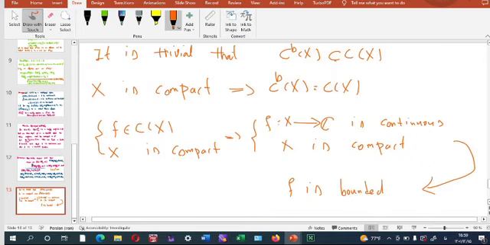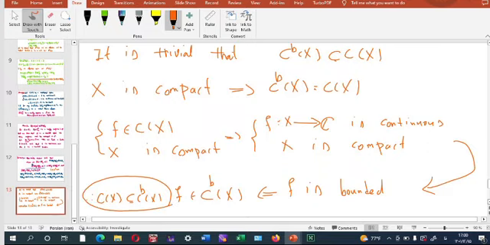Any continuous function on a compact space is bounded, so that F belongs to CB of X, this F is continuous and bounded, and this shows that in this case C of X is a subset of CB of X, and so we have this equality.